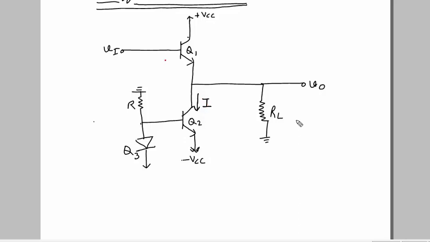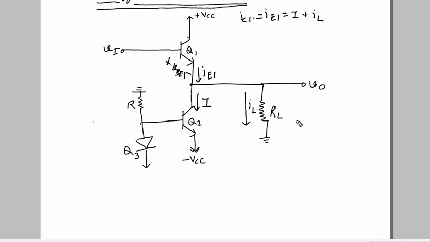This voltage is VBE1, this current is IE1, and let us have the load current as IL. One important thing here: if we look at this node, we can write IE1 equals I plus IL, and IE1 is the same as IC1.